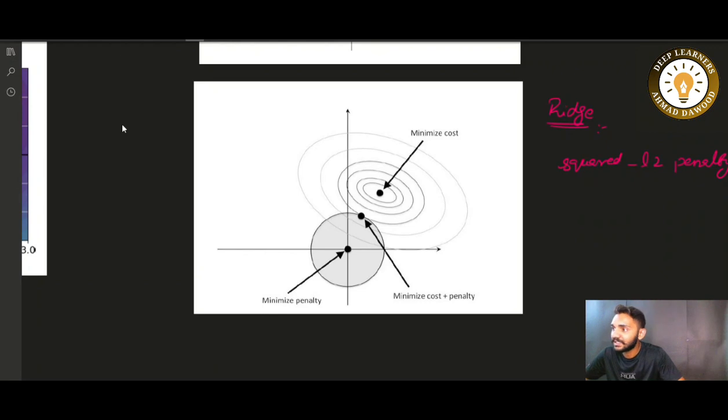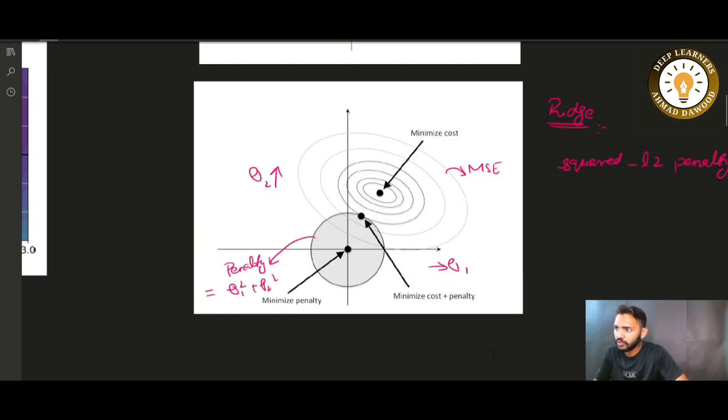Here is our original plot when you look from the upward direction, from the z-axis, at your error function plot, the mean square error. This axis is theta 1, this axis is theta 2, and looking from above, your graph of mean square error looks like that. And this is the plot of the penalty, which in our case is theta 1 square plus theta 2 square.